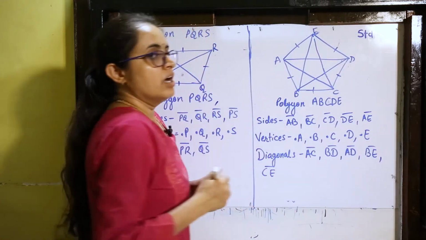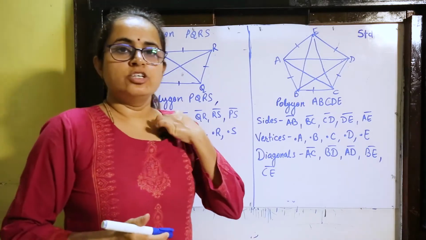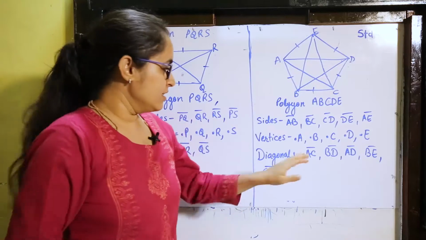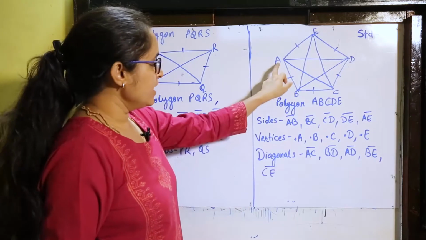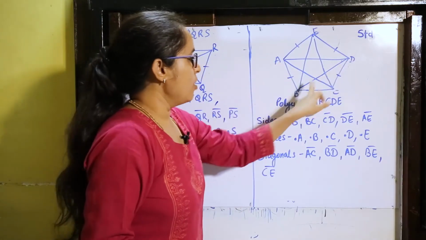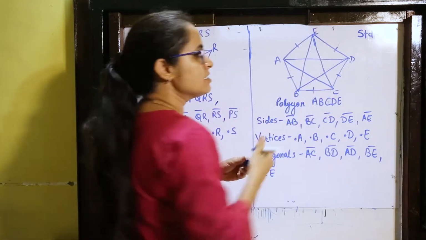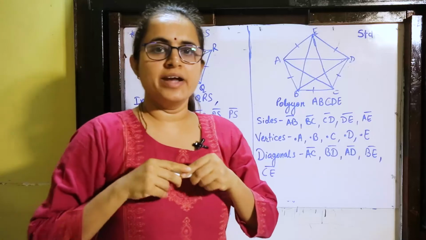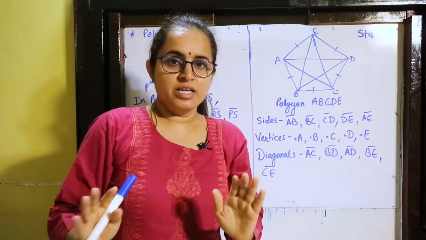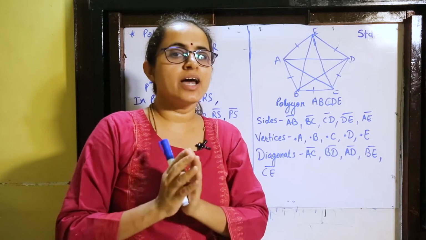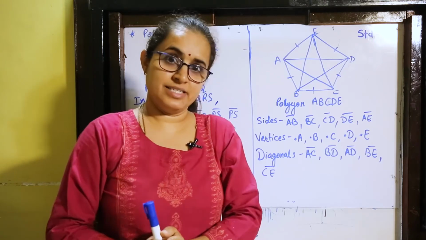So when you join any two opposite vertices, they are the diagonals. Opposite vertices means the vertices which are not joined with any line segment. Any two vertices not joined by one line segment are called opposite vertices.